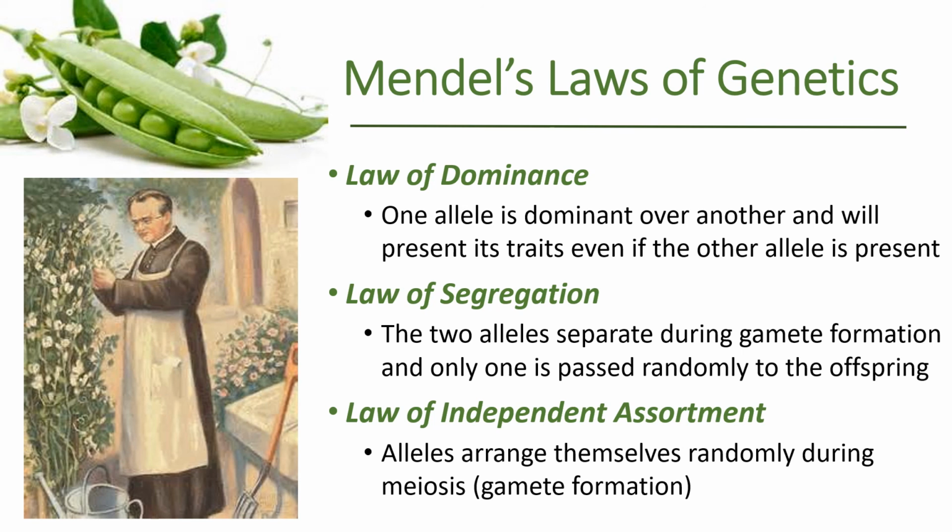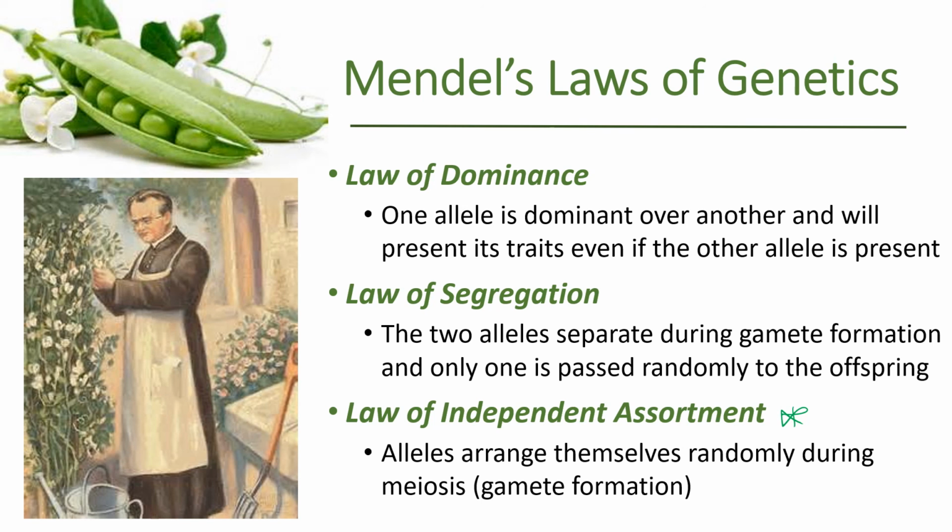So Mendel ended up discovering 3 laws of genetics. The law of dominance, which says one allele is dominant over the other. The law of segregation, that says that the alleles are going to separate randomly, so I'm going to pass on a random allele to my offspring. And actually, Mendel didn't really discover this last one. This is when we really started learning about DNA.